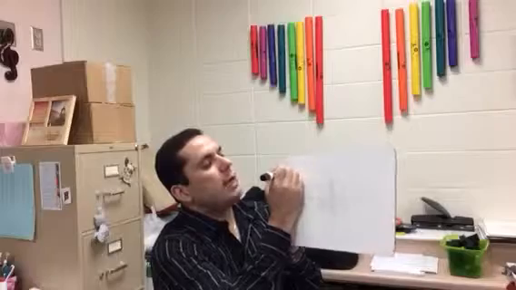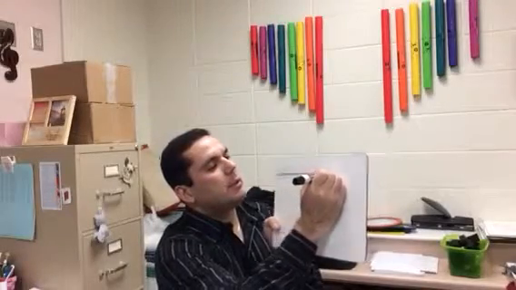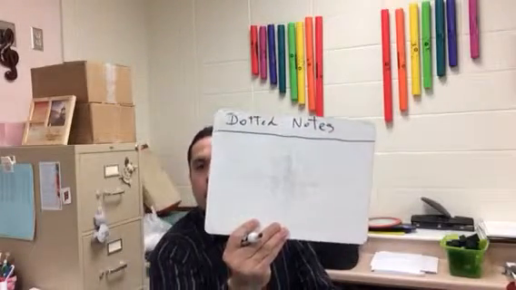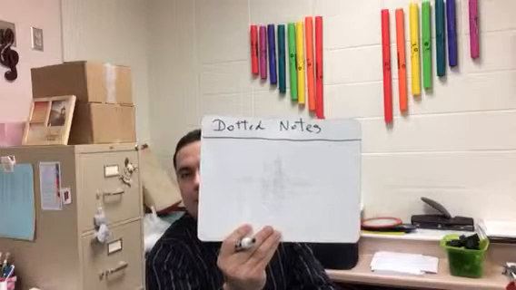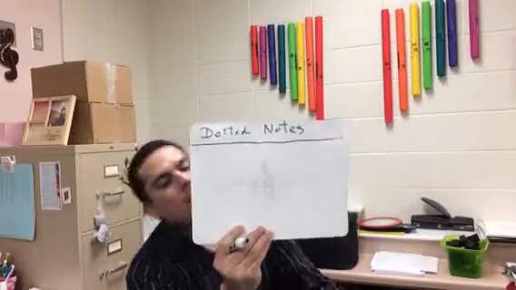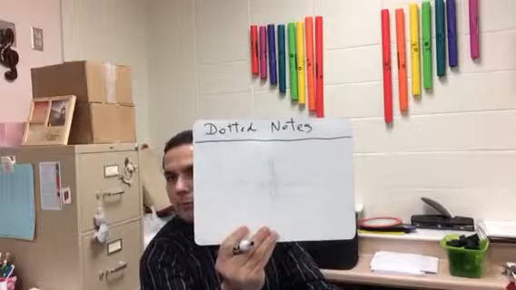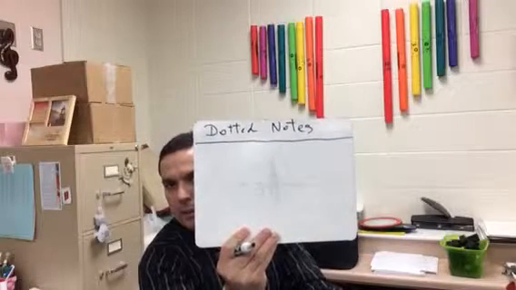So to start our class today, I want you to draw a line like this on the top, and you're going to be writing the words dotted notes. Dotted notes. I'm going to leave it there for a couple more seconds so you can copy it.